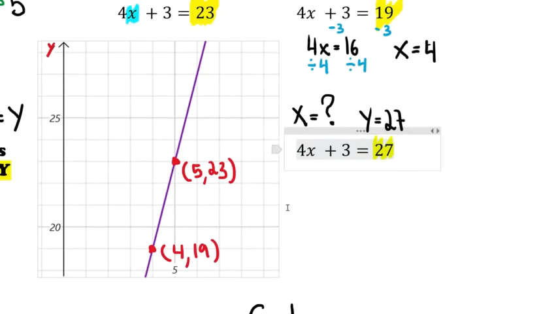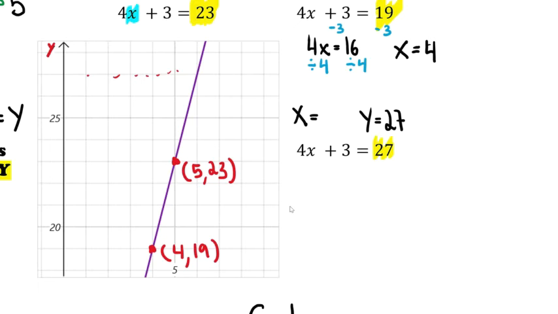So essentially anything that's on the other side of the equation is represented by the y coordinate. Let's find out when y is 27. So we have 25, 26, here, 27 is right here.